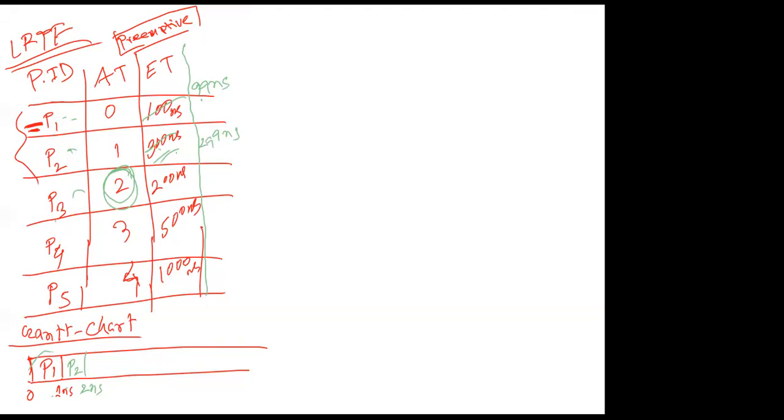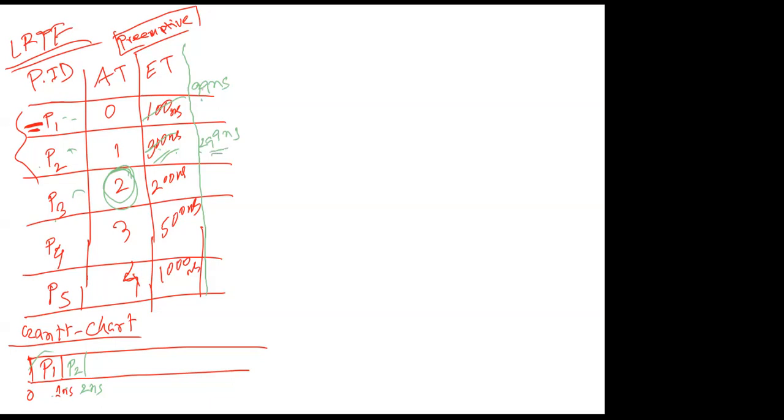Next, P2 still needs 299 nanoseconds. P2 will be scheduled because it has the highest burst time: P3 needs 200, P1 needs 99.